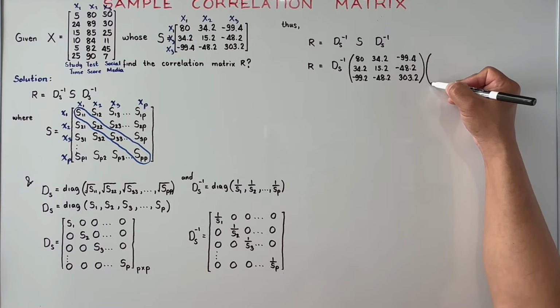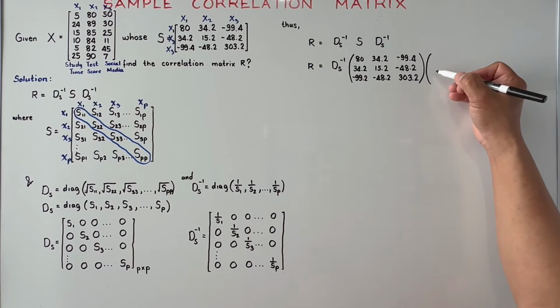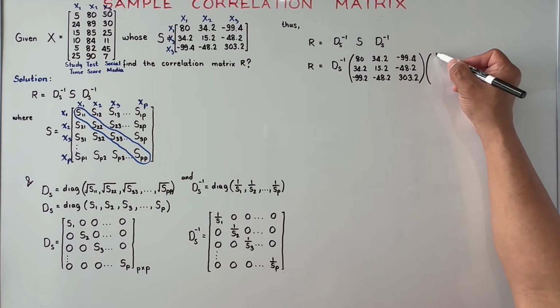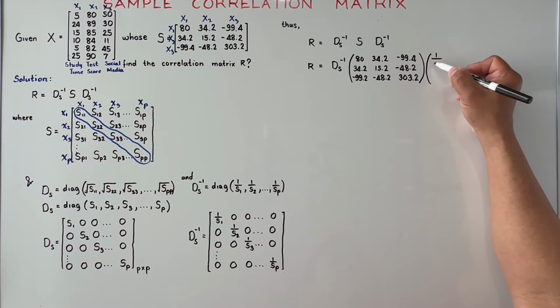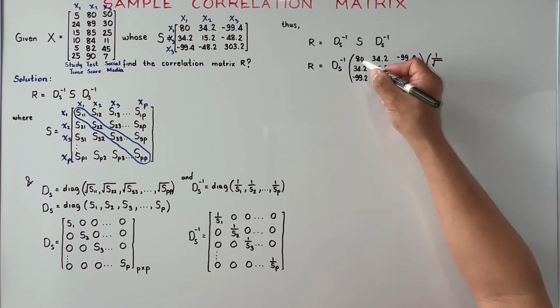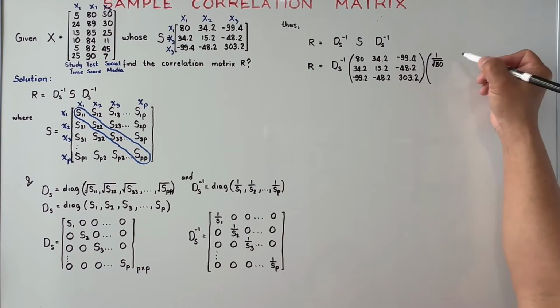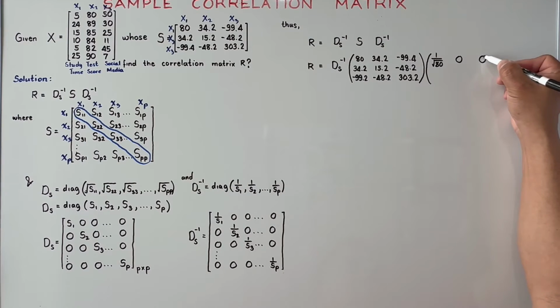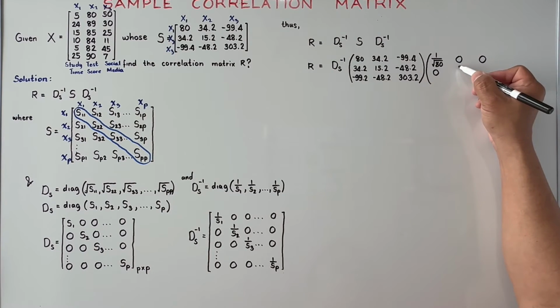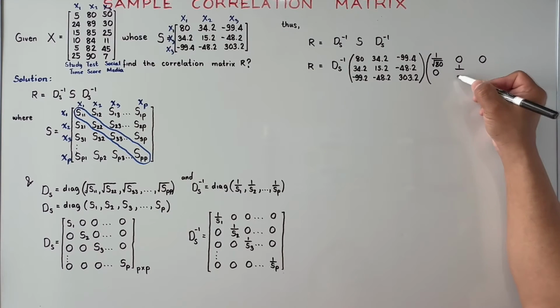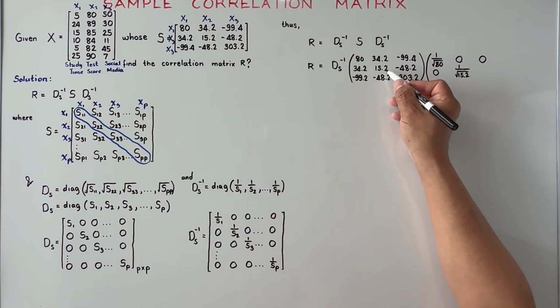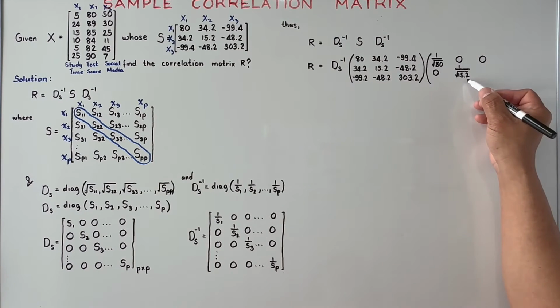So it's a square matrix wherein the main diagonal are the reciprocal of the standard deviations. So the standard deviation of the first variable is the square root of its variance of 80. And all the rest are zeros. So this is 0, but the second element here is the reciprocal of the square root of its variance, which is 15.2. The square root of this, and we take the reciprocal.